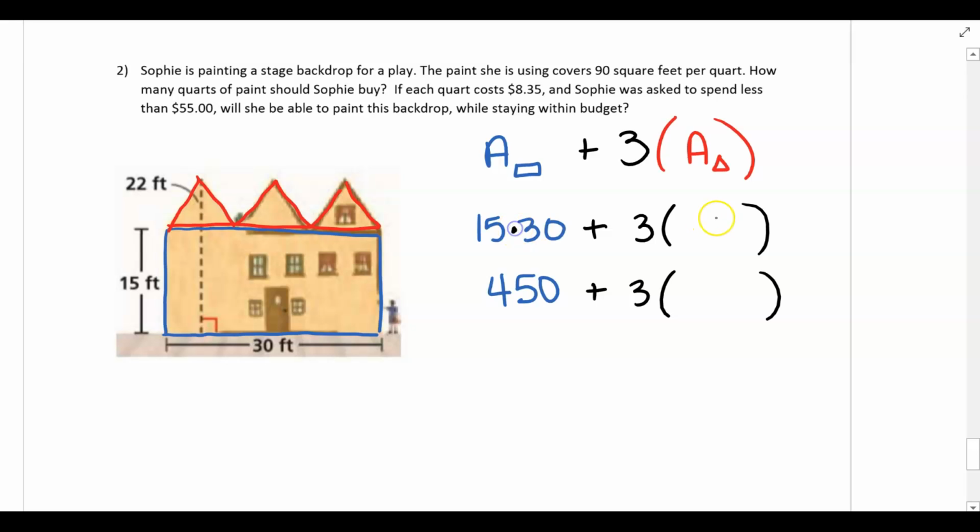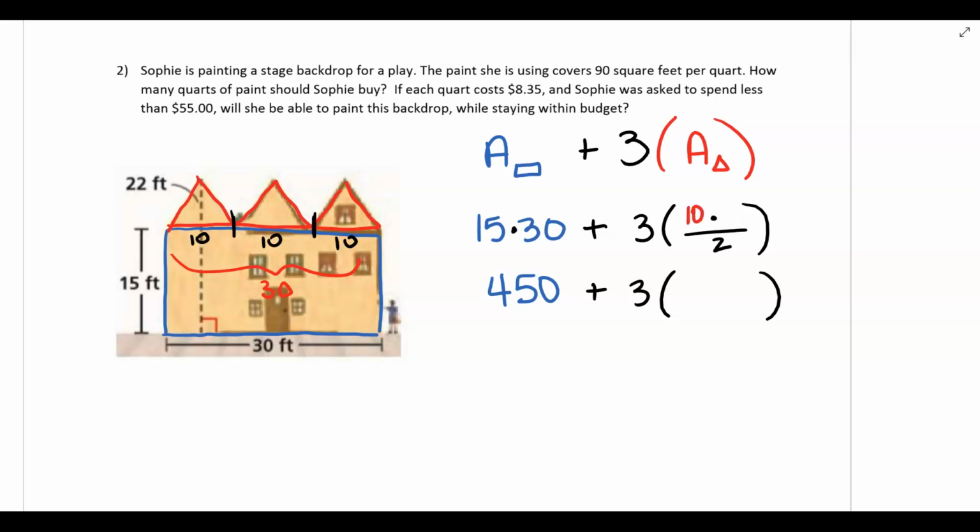If I'm looking to do base times height divided by 2, I need to be careful with what I'm considering my dimensions. Now, if this whole bottom is 30 and this is a rectangle, that makes this whole piece 30. And if the 3 triangles are split evenly on top there, that makes each one of these bases 10. So far, I do know that I have a base of 10 to each triangle.